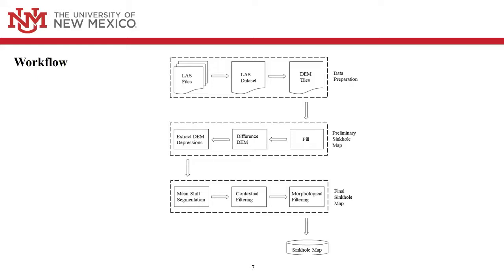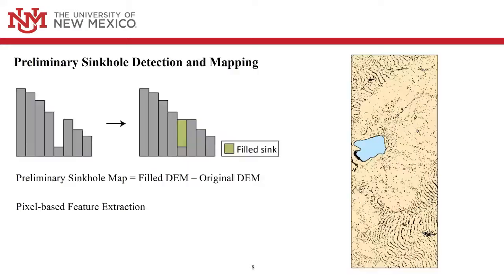Then the next step is a preliminary sinkhole detection. I'm gonna talk about this in a little bit of detail in the next slides, but basically we have to do a preliminary sinkhole detection, and then we do a final sinkhole detection, and then the output from this will be a map showing the location of the sinkholes.